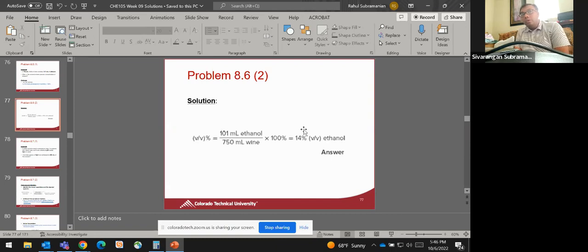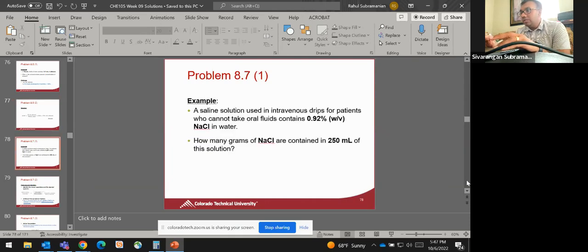Now you're looking at anywhere from 20% all the way up to 35, 40, even 50% alcohol. I don't think you get 50%. Yeah, I think you can get up to 50% alcohol. I think there are some vodkas going up to 48, 45%. But the concept is how much of the alcohol is there in the solution, and then you multiply that by 100%.